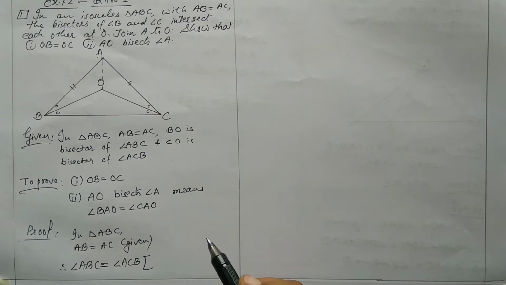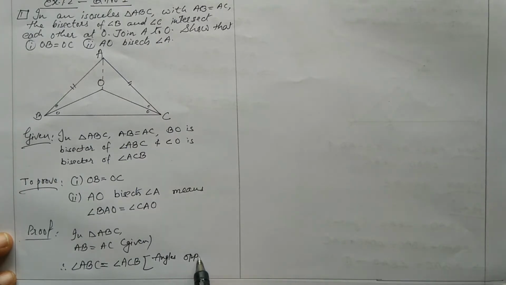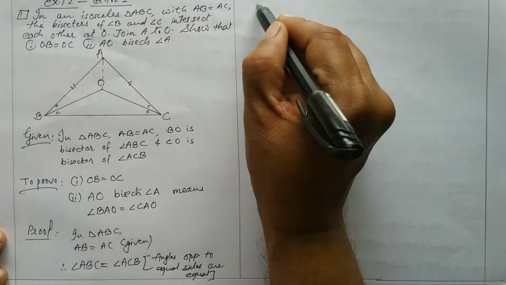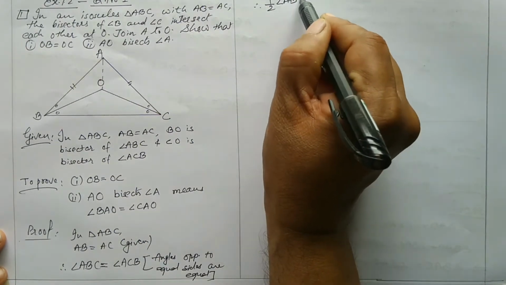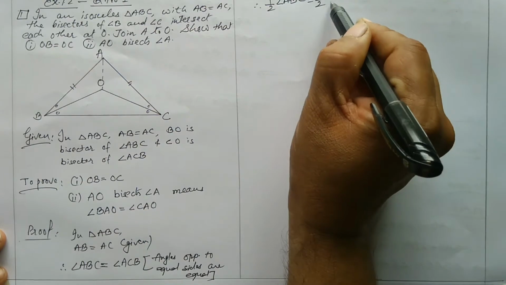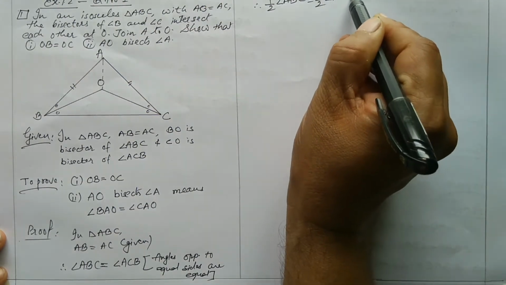Reason: angles opposite to equal sides in a triangle are equal. This is the reason. So therefore half of angle ABC is also equal to half of angle ACB.